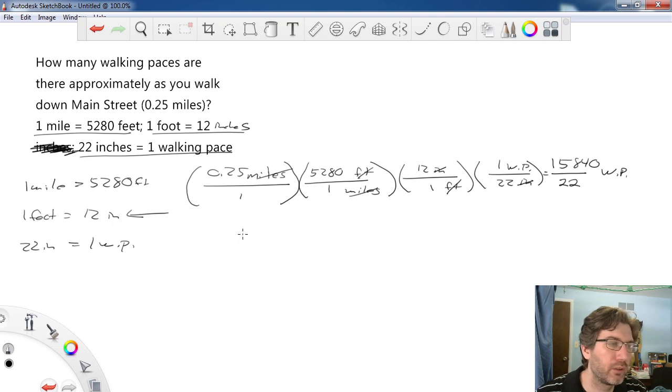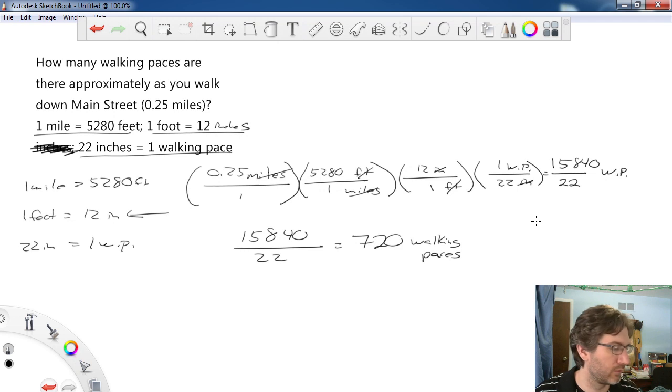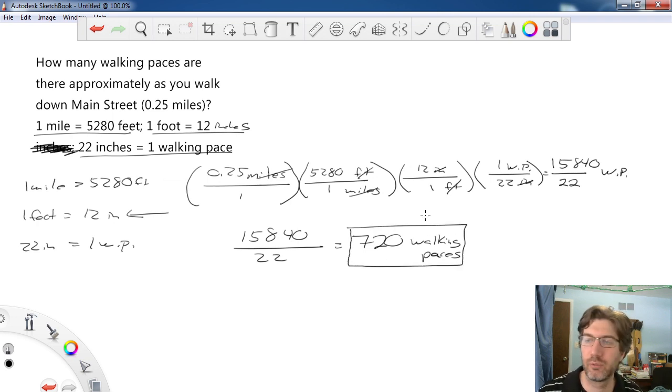So I'm just going to come down here, divided by 22 equals 720 walking paces.